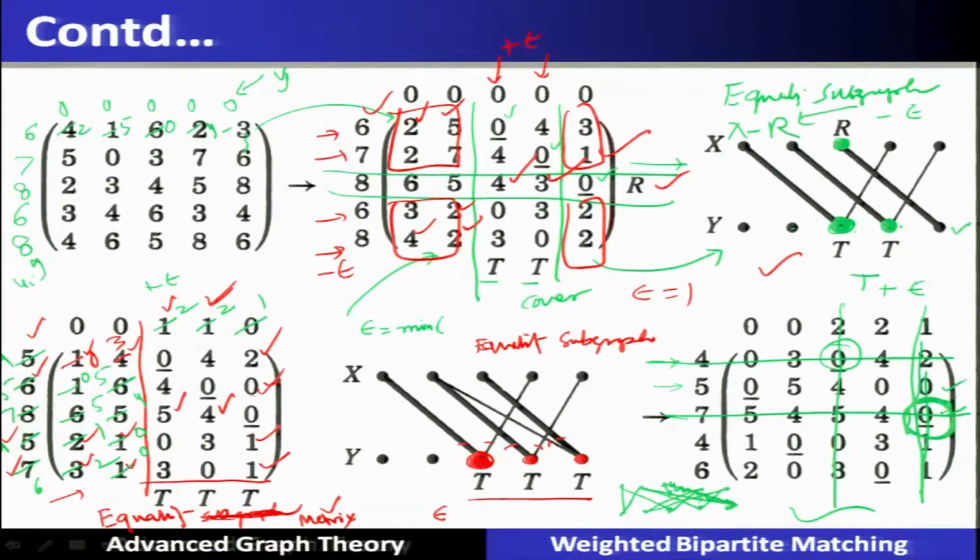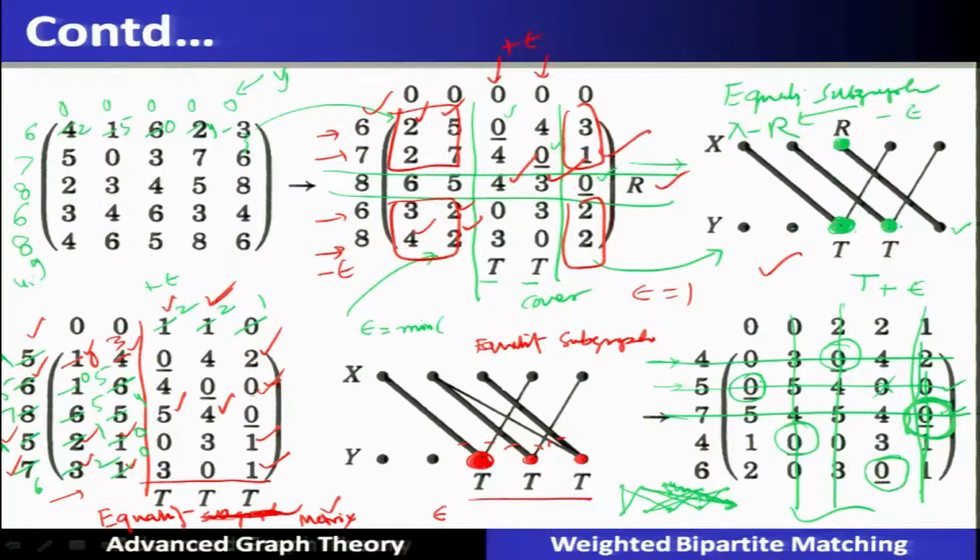The remaining one is this one, so there is only one 0 remaining. Here this 0 also will be in the matching. If this 0 is in the matching, this 0 will be eliminated. Now, there comes this particular column, this 0 is included in the matching. Having included this, only this particular matching remains.